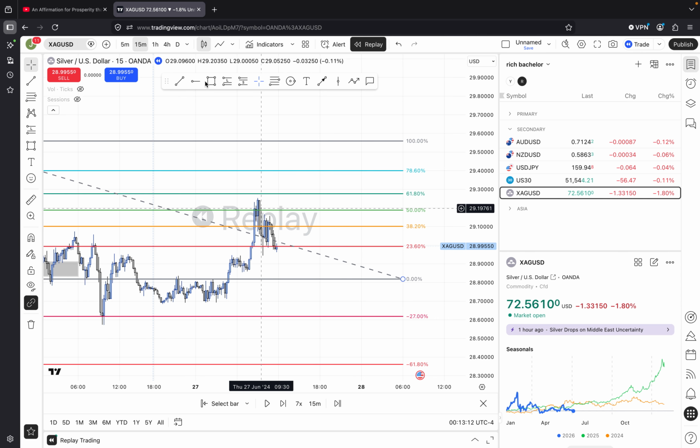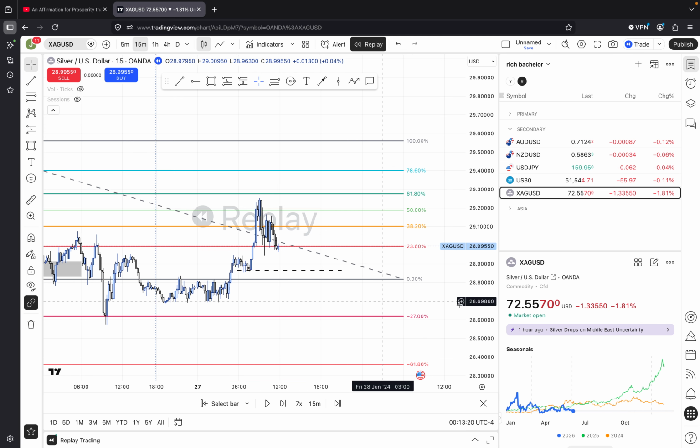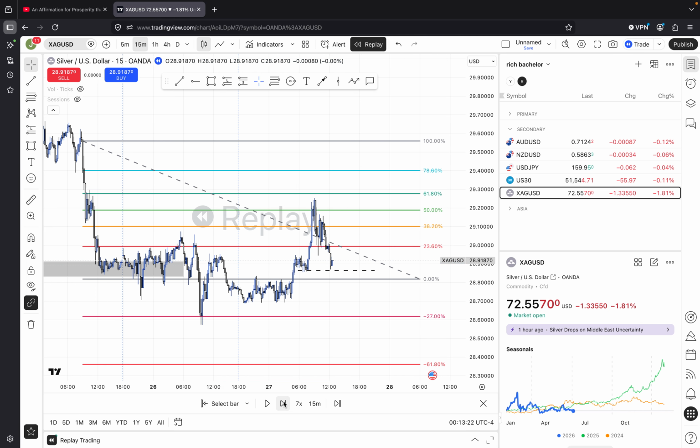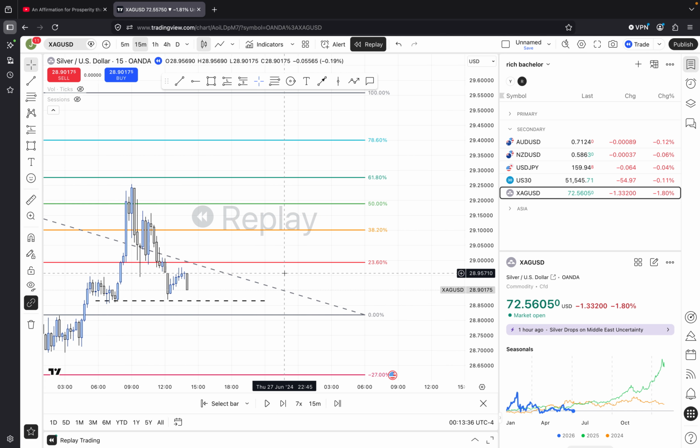I'm looking for a break right here because I already got that higher low. So now I'm looking for a break right here. Once I get my break right here and a retest, then I'm gone. Okay.